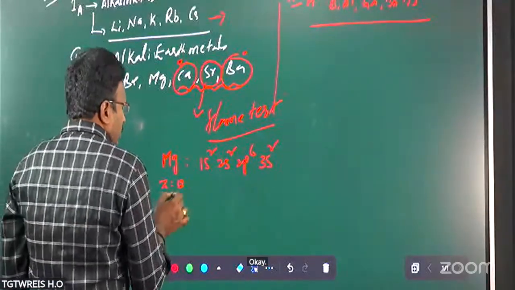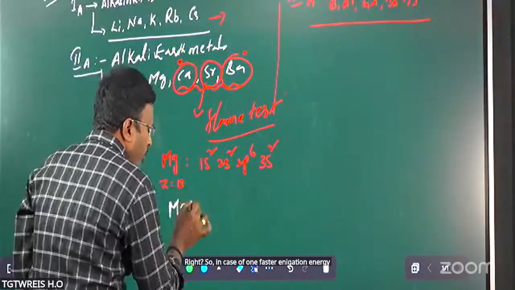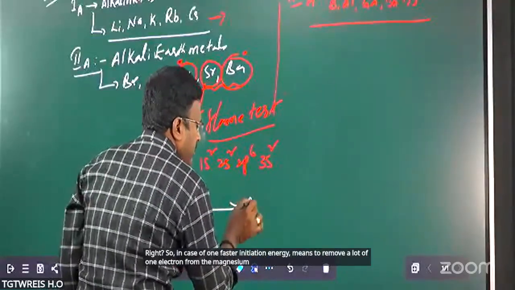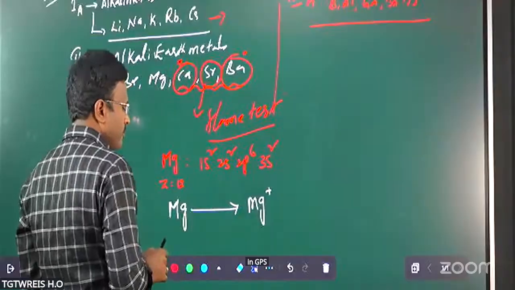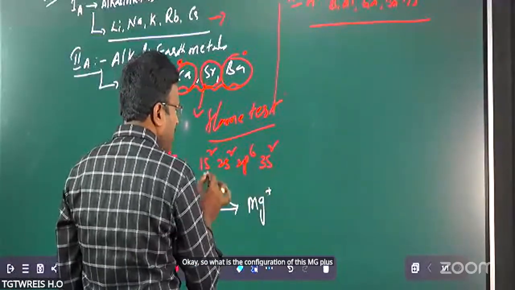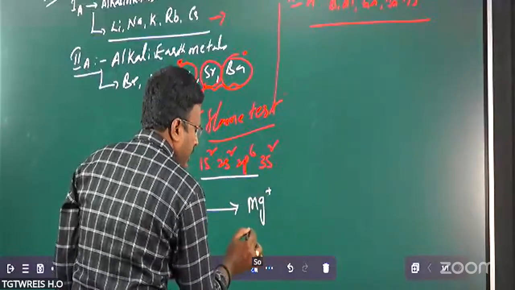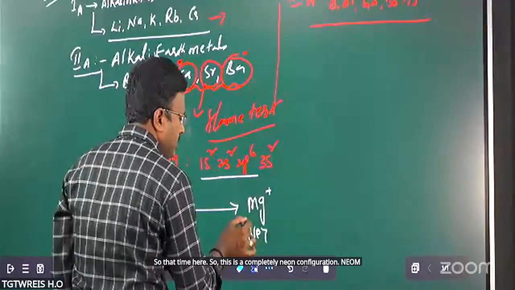Right. So in case of first ionization energy, removal of one electron from magnesium gives Mg plus. What is the configuration of this Mg plus? One electron is removed, right? So this is the neon configuration plus the outermost electron 3s1. Neon means 10 electrons.